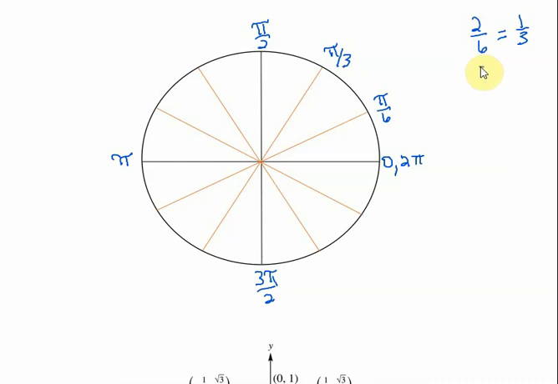Then 3 pi over 6 reduces to 1/2. 4 pi over 6 reduces to 2 pi over 3. 5 pi over 6 doesn't reduce. 6 pi over 6 would be 1 pi. 7 pi over 6 again doesn't reduce. 8 pi over 6 reduces to 4 pi over 3.